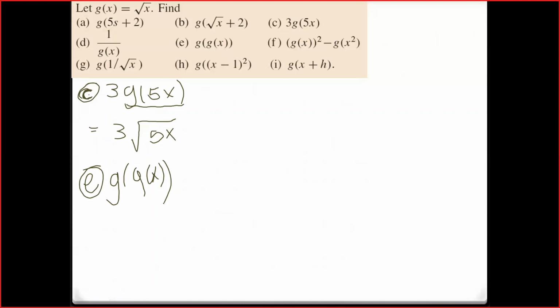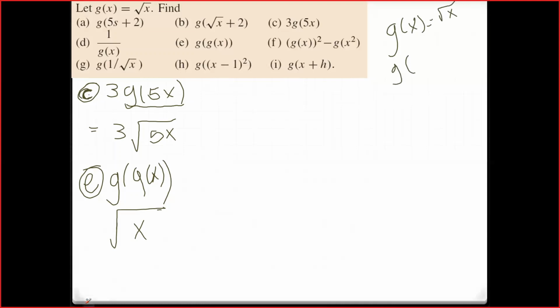I cannot hear you. Okay. No, here g of x. Yeah, now g of x is square root of x.